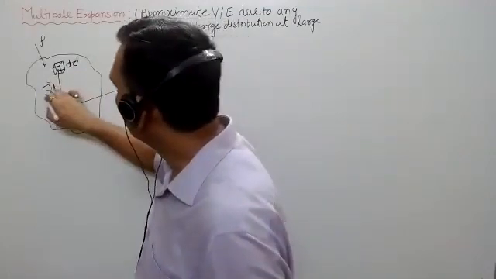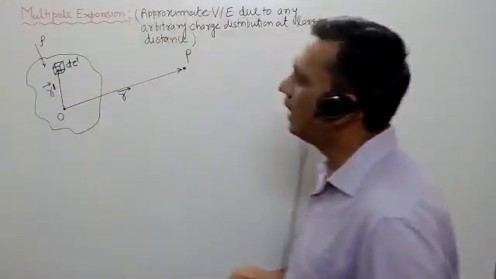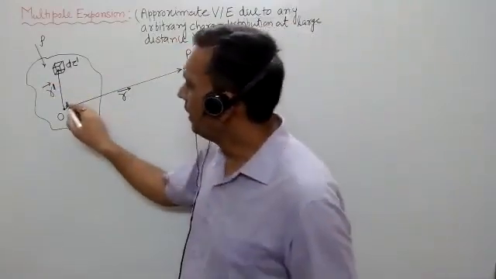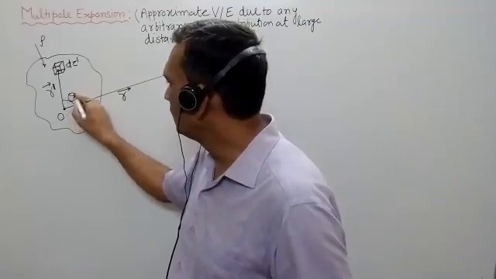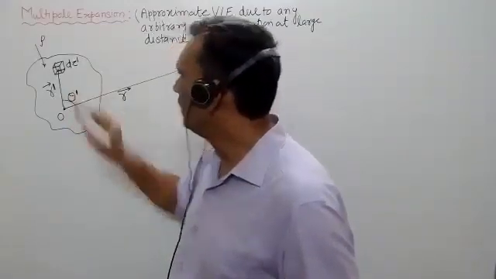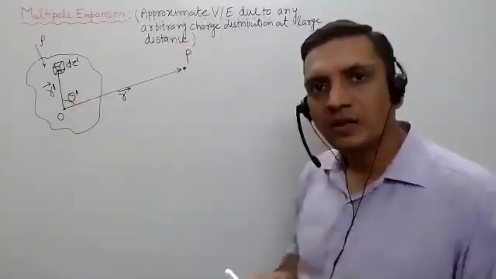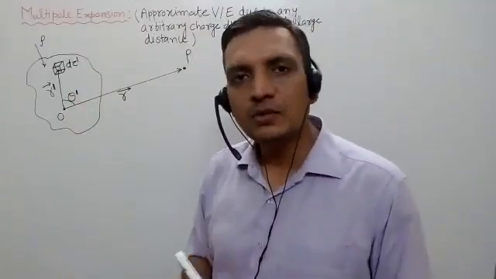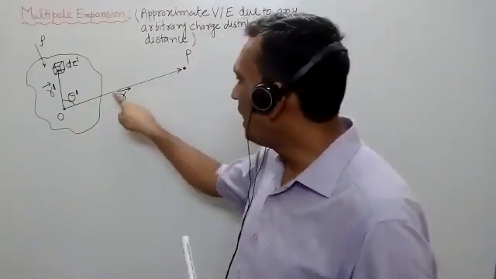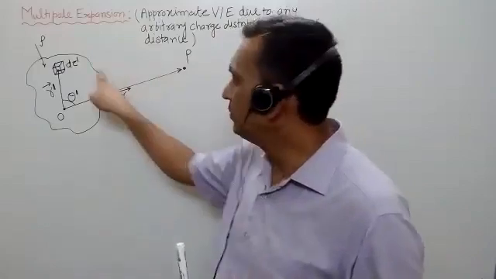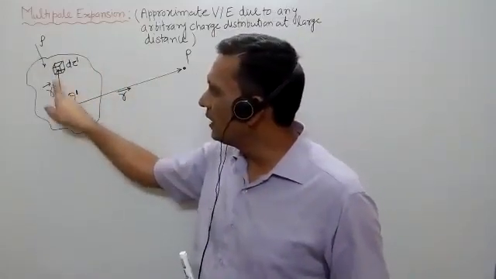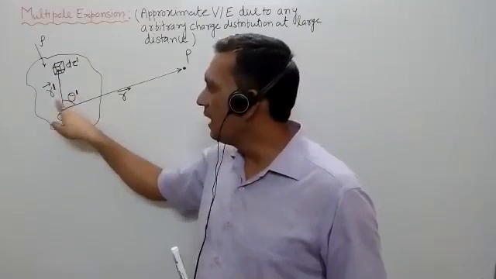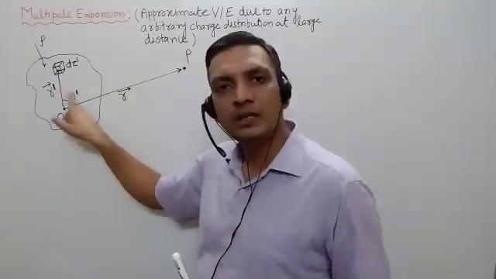Also assume this angle is theta dash. I have discussed that dash represents the source charge and the r vector represents the field point. Because it's a source charge, I have represented its position vector by r dash, and this angle with theta dash.